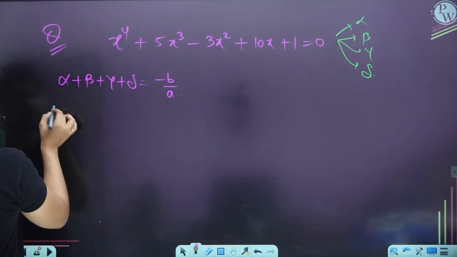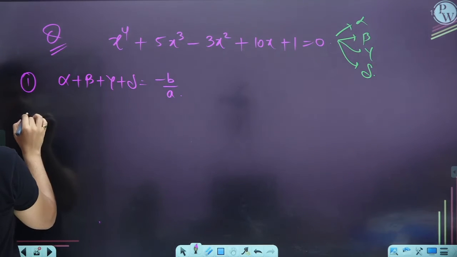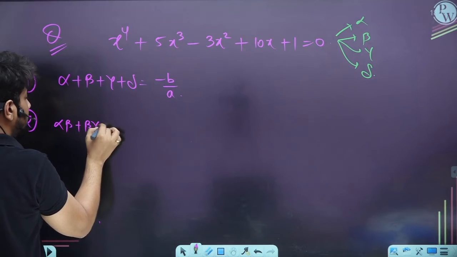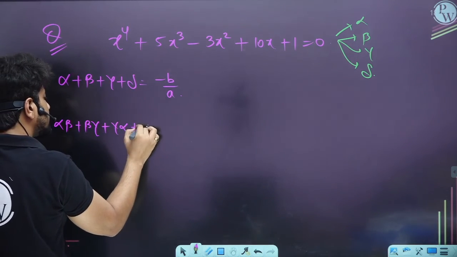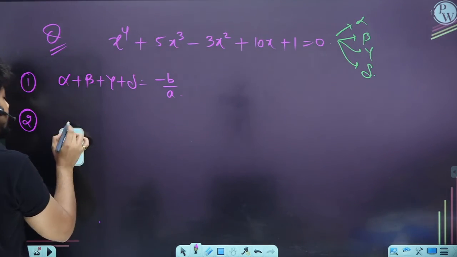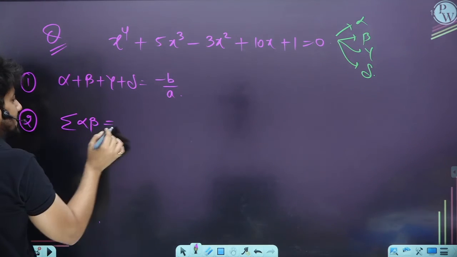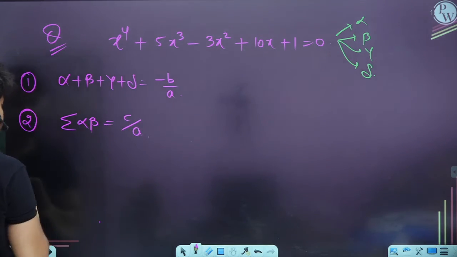If I ask you the sum of roots taken 2 at a time, which is basically alpha beta plus beta gamma plus gamma alpha and so on, directly summation alpha beta, it will be plus c by a.